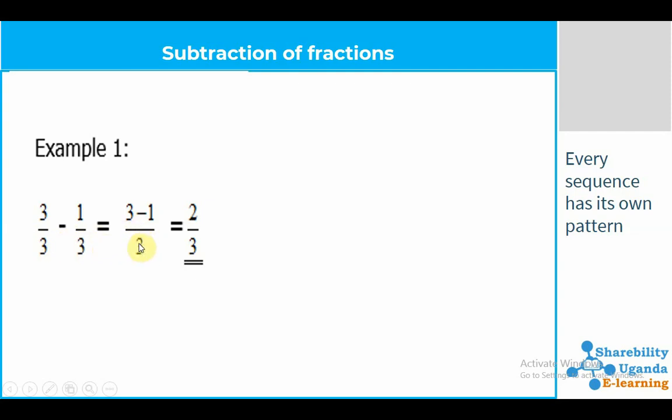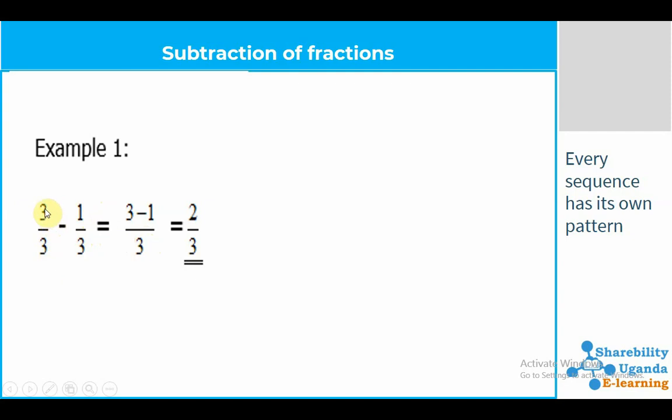You just write 3, then up you subtract the numerators, like we do in addition. In addition, when you are adding fractions of the same denominators, we also just write 3 and we add.